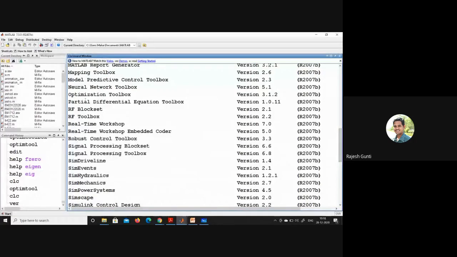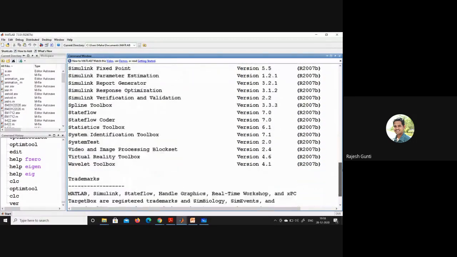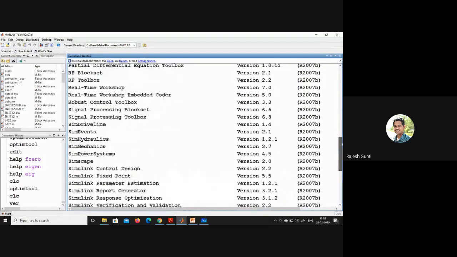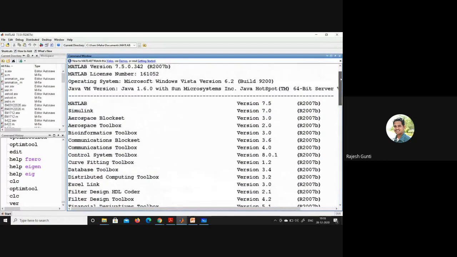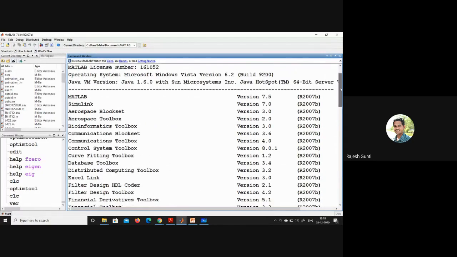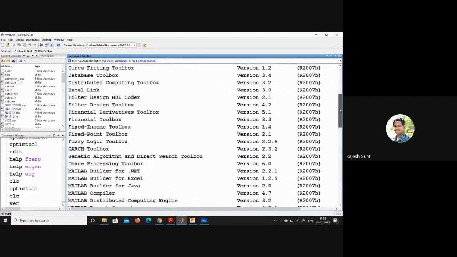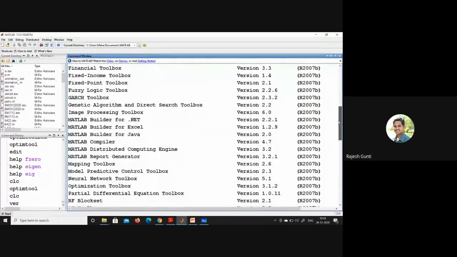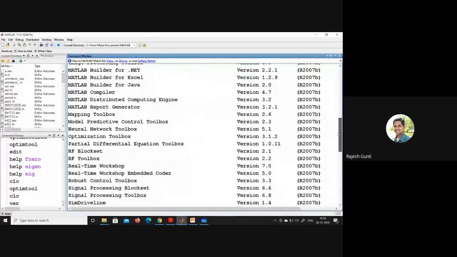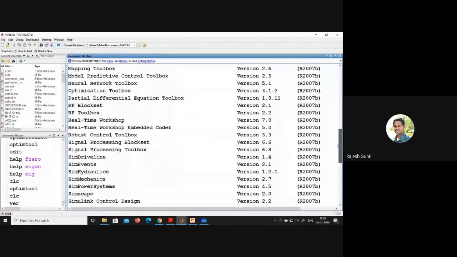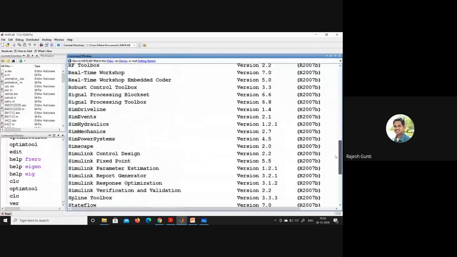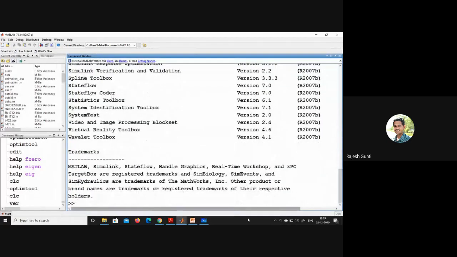Optimization toolbox, neural network toolbox, partial differential equation toolbox. Like this in 2007, around 60 toolboxes are available. Am I correct?